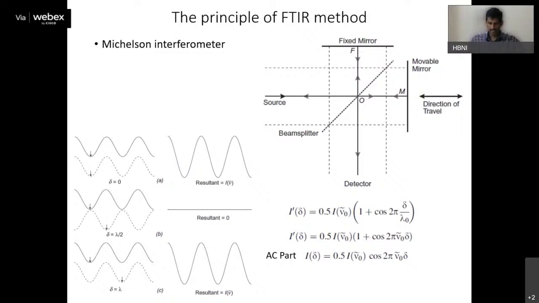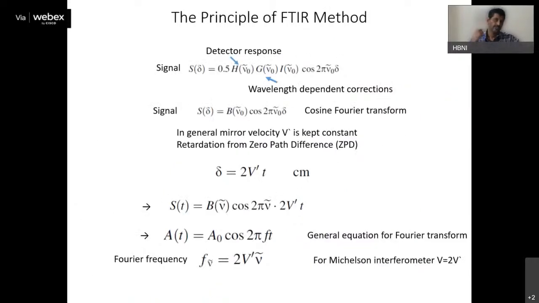This is important. When you are doing the measurement, there are several correction factors that you have to take into account. One is the detector response.